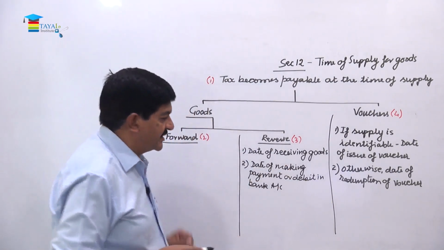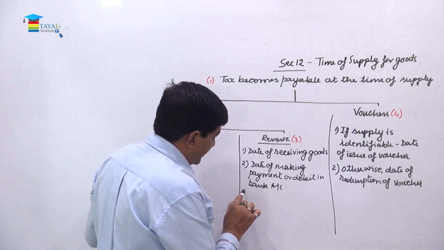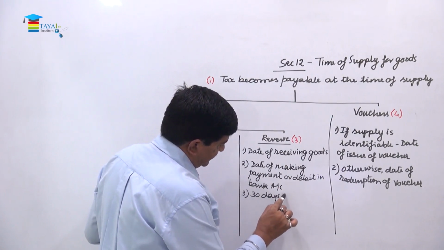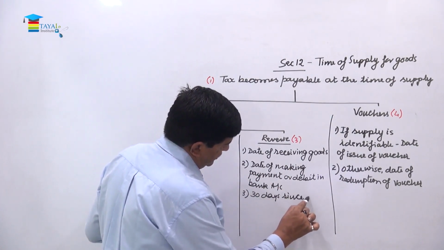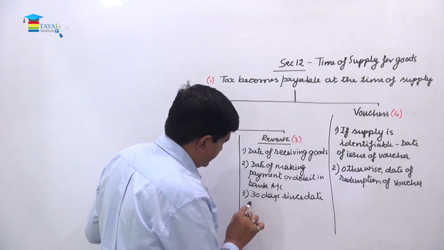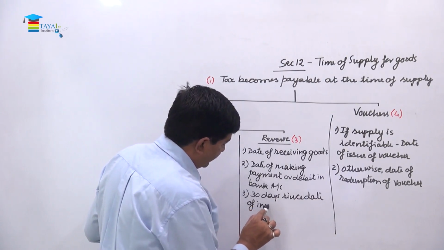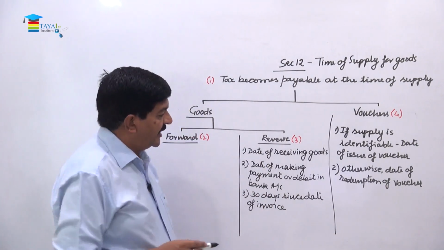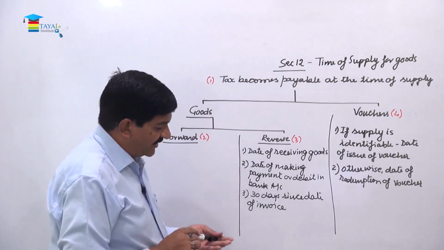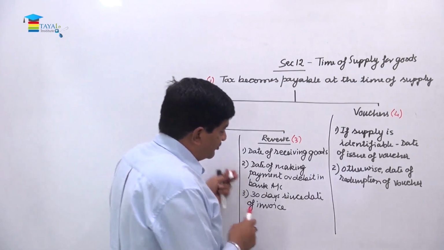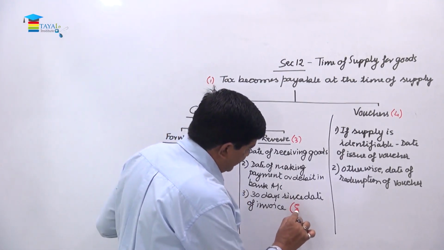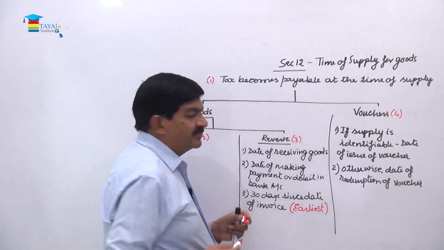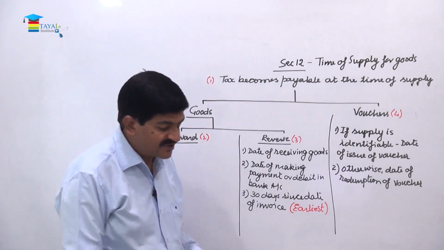And then we have third thing also, number 3, 30 days since date of invoice. So we have 3 parameters, and out of the 3, earliest of the 3, so this I am writing here, just saving some space. So earliest of the 3, that is the time of supply.